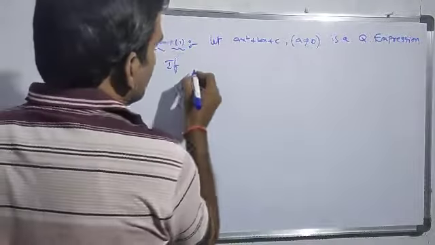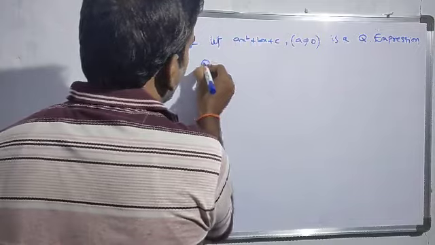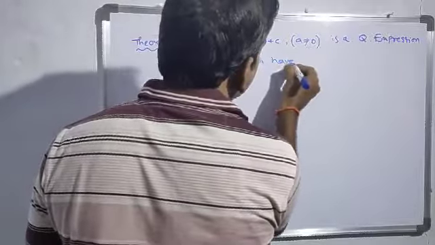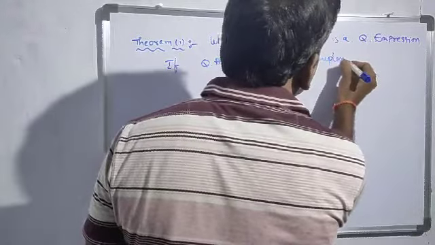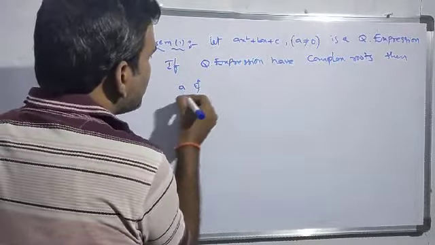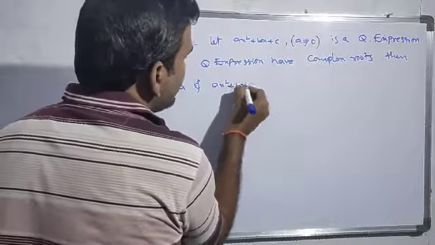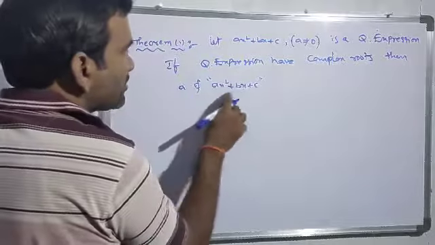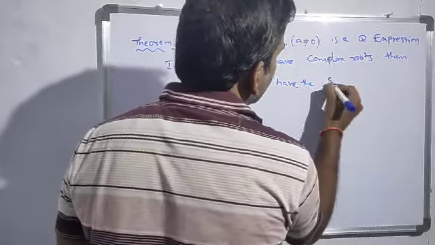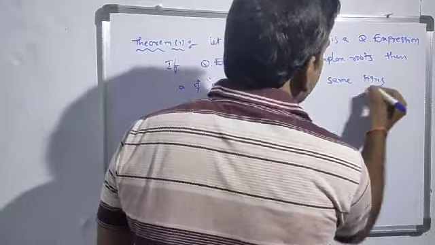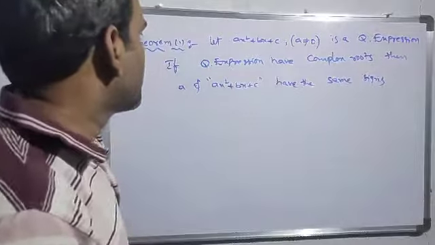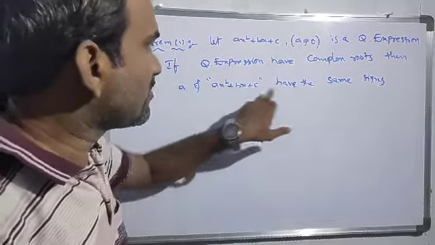If the quadratic expression has complex roots, then a and ax² + bx + c, that means the principal coefficient and the expression, both have the same sign.